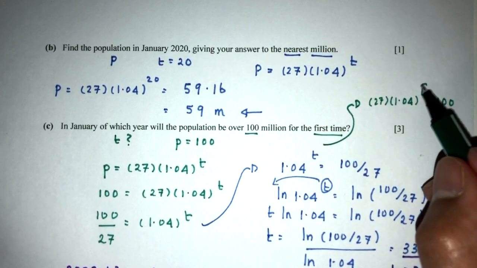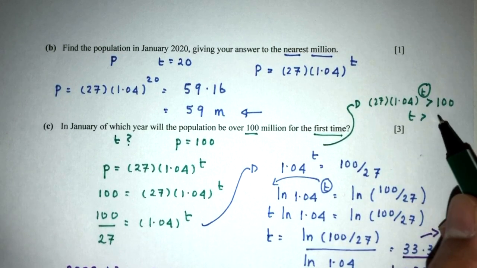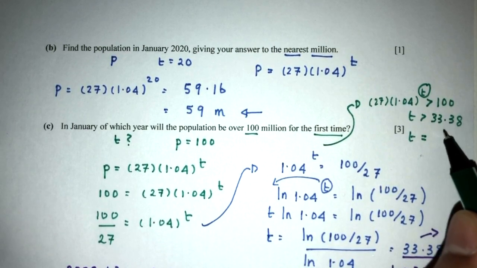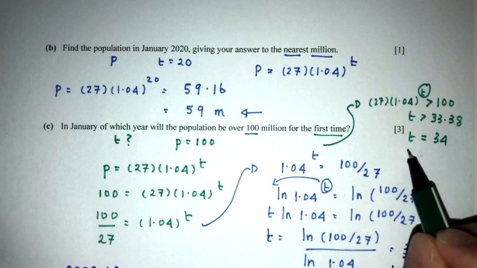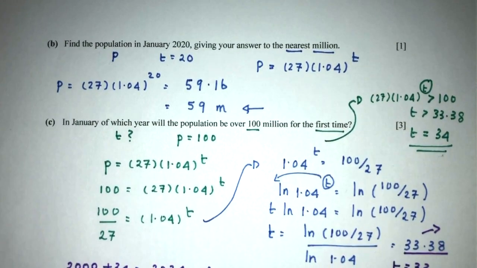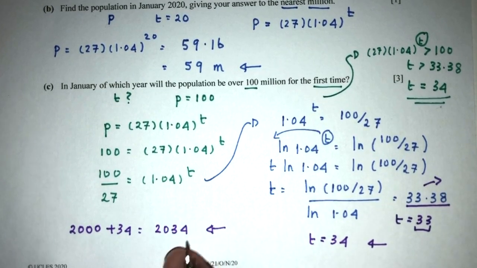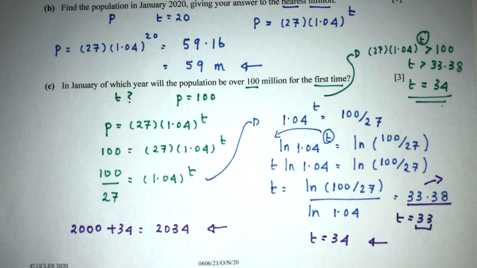Then solve for the value of t, which should give you t more than 33.38. So t has to be the next number, which is 34. You get something like this for your answer, and the year is 2034. That should be the answer for the question. Okay, that will be question number 8.